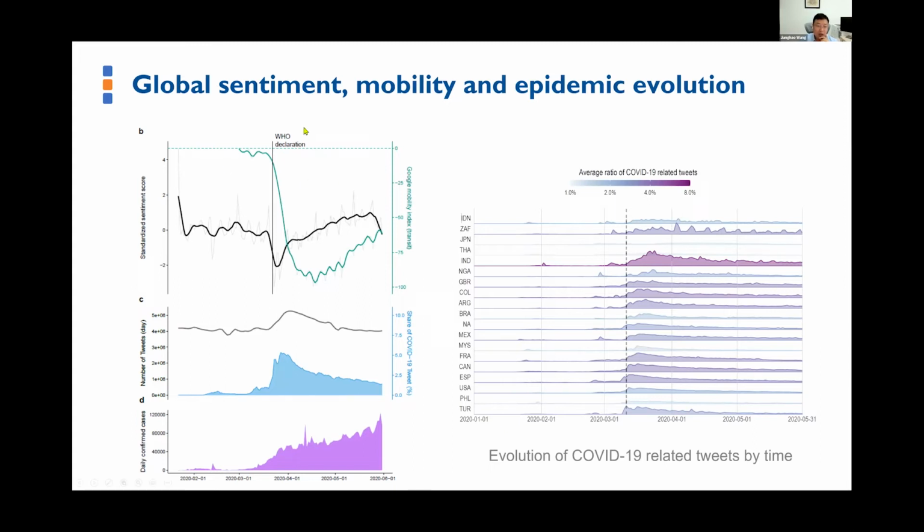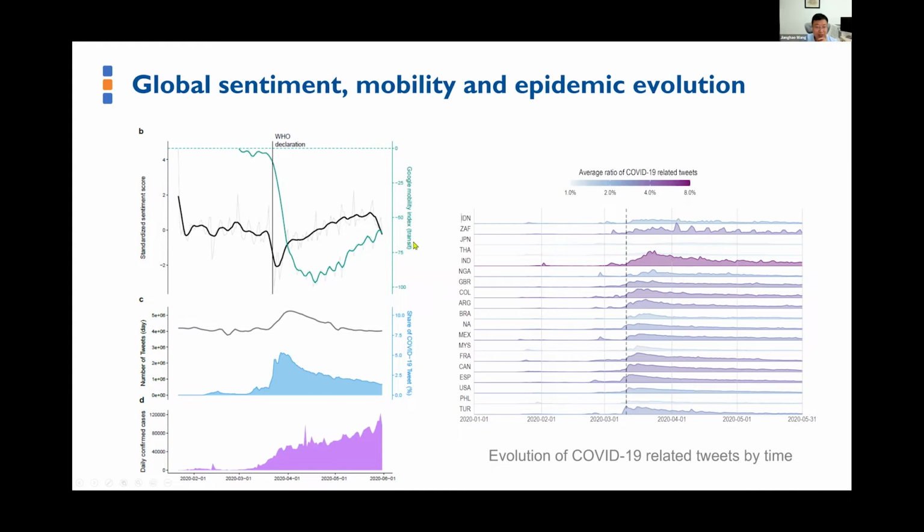By using this data set, we studied global sentiment, mobility and epidemic evolution. Here we first show the time series of the global standardized daily sentiment score in gray, and we also compare it with the Google mobility data set.